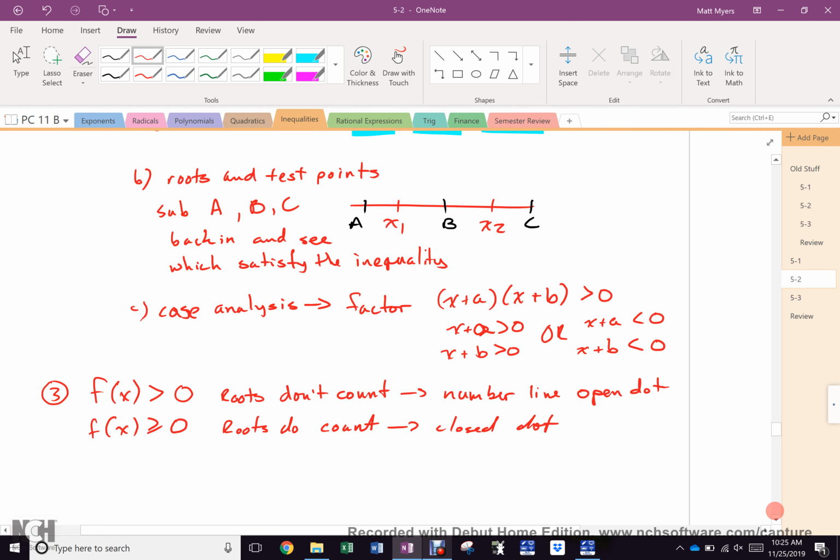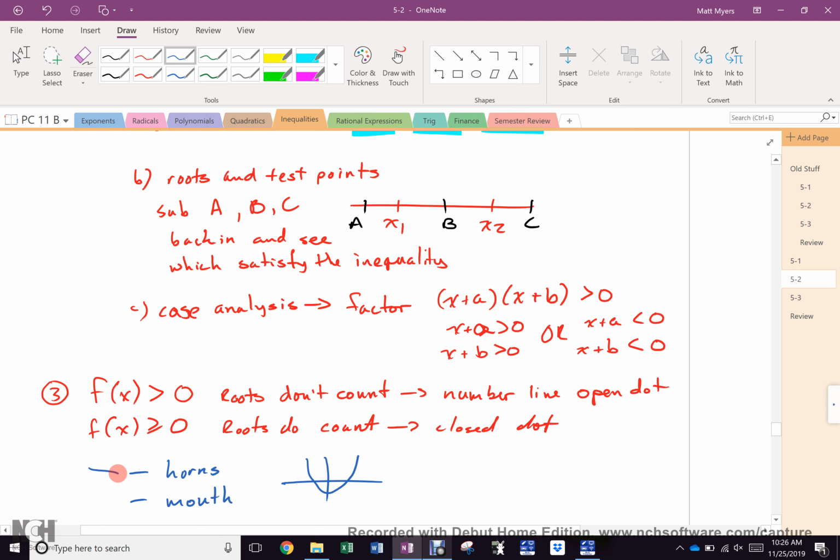Now remember, in linear, that's super easy, right? Because it only crosses the x-axis once. But in a parabola, you have to be aware about the horns or the mouth. If it's that one and it's greater than, I've got two sets, don't I?